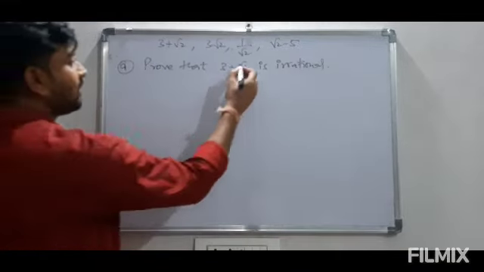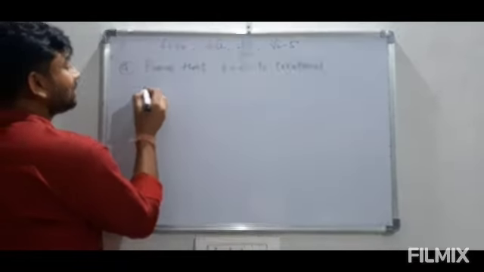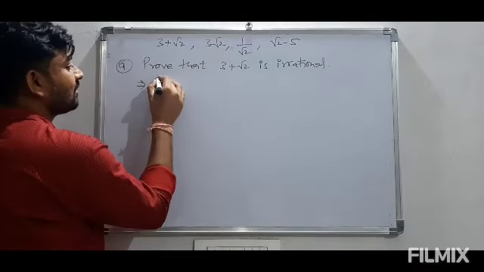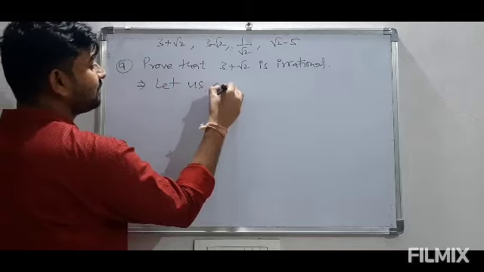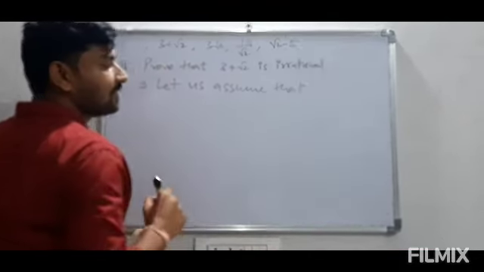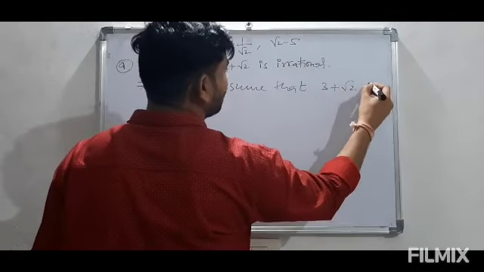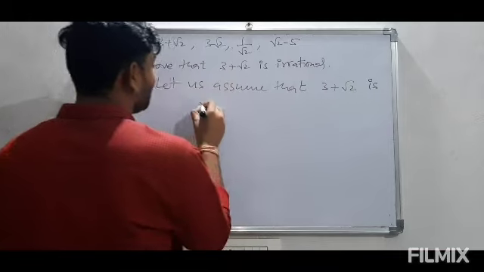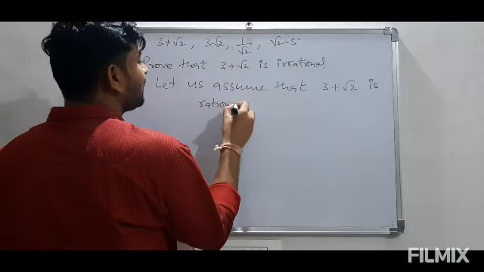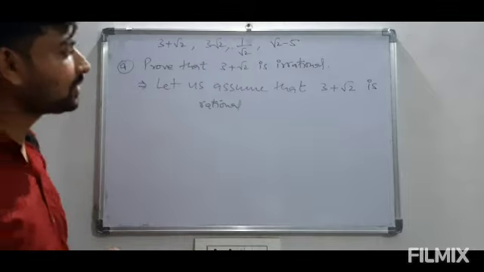Now see, when we are writing this, the starting is the same as the previous one, that is, let us assume that 3 plus root 2 is rational. We will assume this, as we assumed in proving root 2.